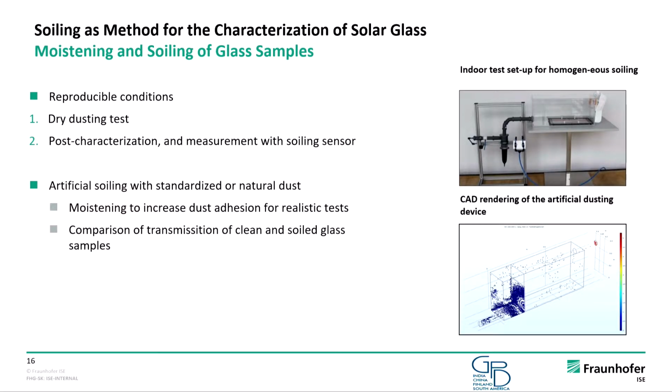In order to have some reproducible homogeneous soiling layer on a surface of solar glass, I invented a soiling test setup. This is important also for measuring in-house, indoor. We have reproducible conditions. We have dry dusting. We can also do moisturizing before.